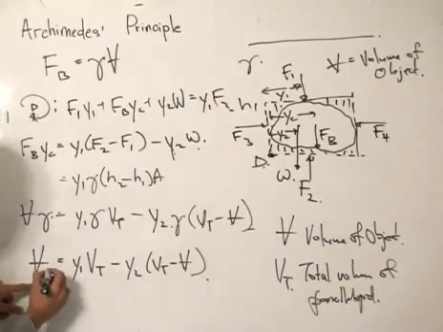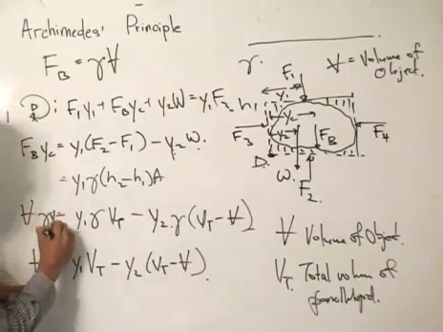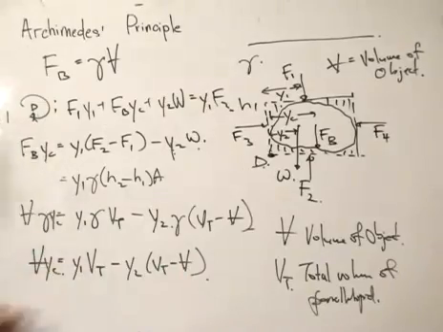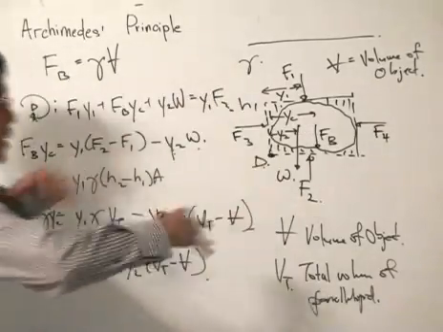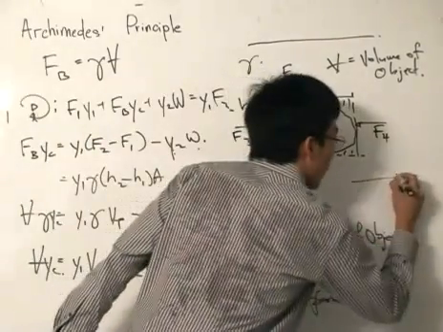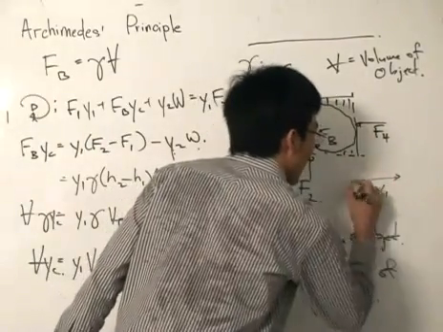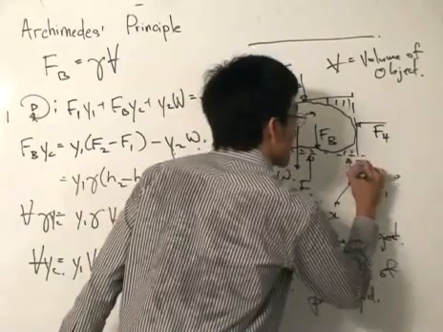Remember, we are finding yc. Our main concern is finding yc, the y coordinate along the y axis of the buoyancy force. The y-axis is like that, x-axis, and the z-axis like that.